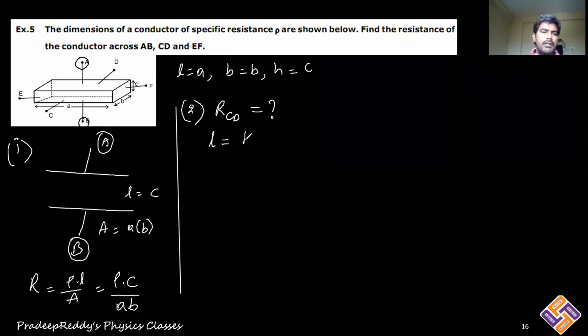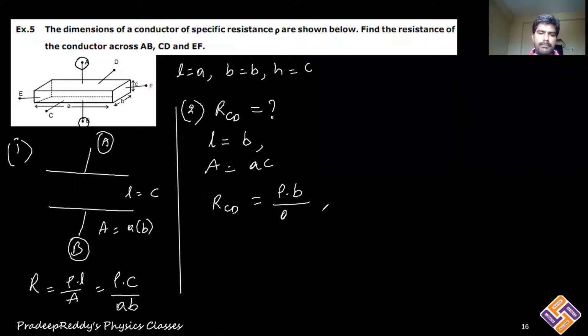L is equal to B. In between the front face and back face, the length of the conductor is equal to the breadth B. And the area of cross section of the conductor will be A into C. Therefore, R CD is equal to rho L, which is B, divided by A into C.